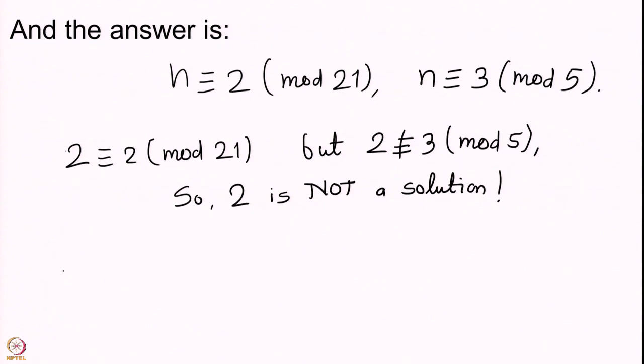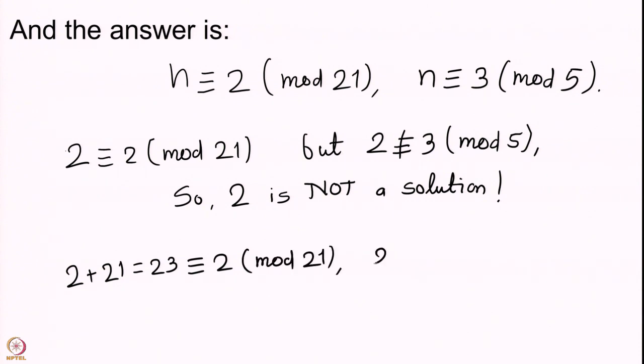Let us add 21 to 2. So, 2 plus 21 which is 23. This is congruent to 2 modulo 21. And as luck would have it, we have that 23 is also congruent to 3 modulo 5. So, all our congruences are satisfied.